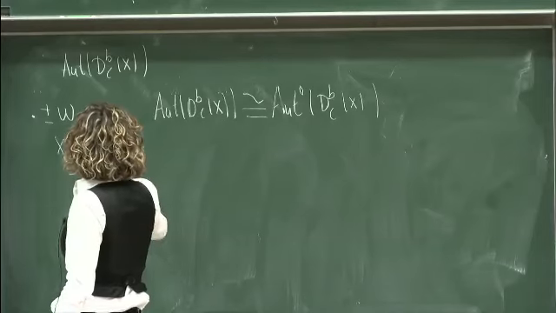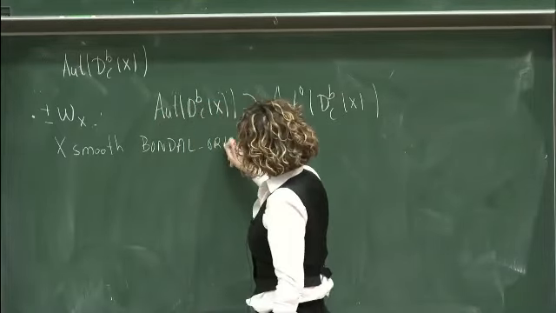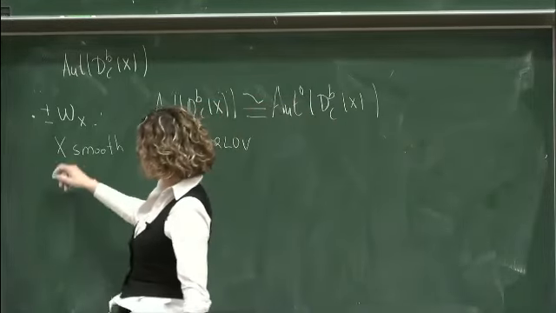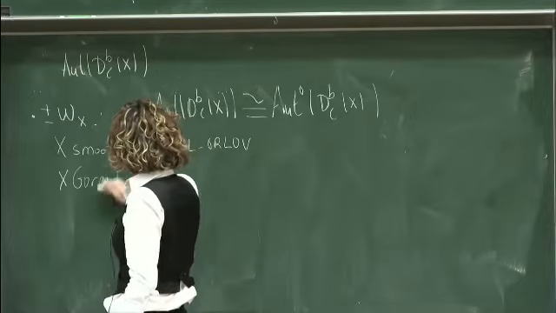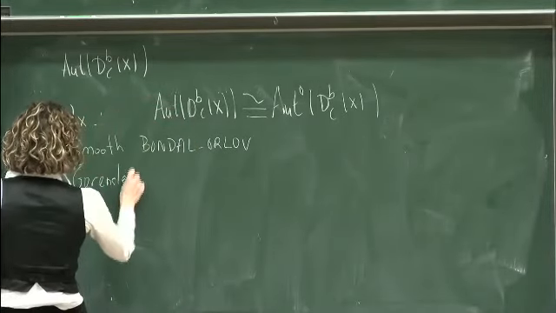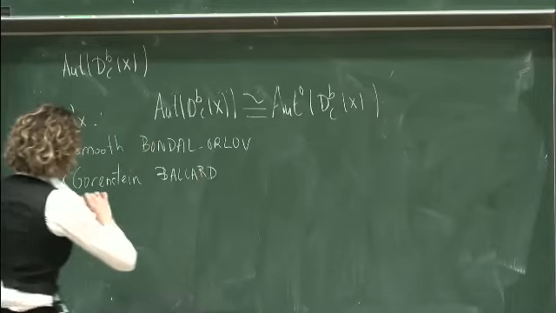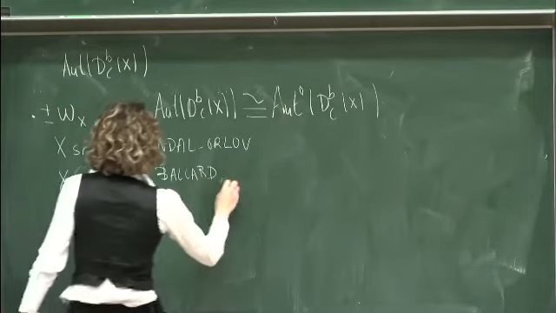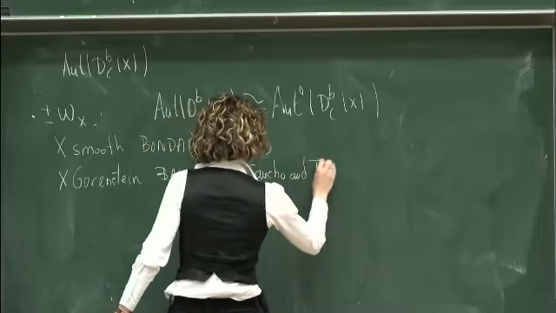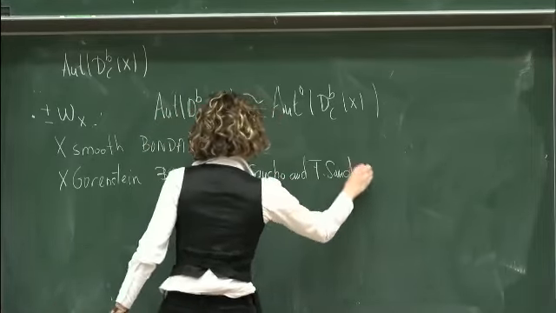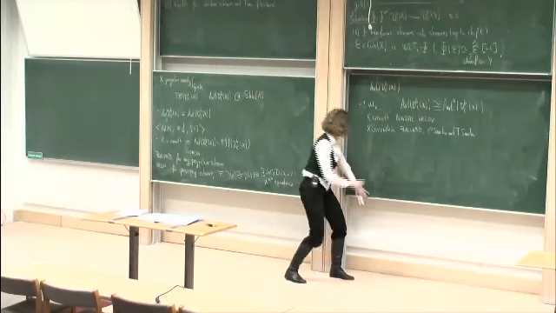This was proved by Bondal and Orlov. And it has been generalized also for Gorenstein Fano and anti-Fano varieties. That was done also by Ballard. And we have an alternative proof, Carlos Sancho and Fernando Sancho, for Gorenstein schemes that are Fano or anti-Fano.